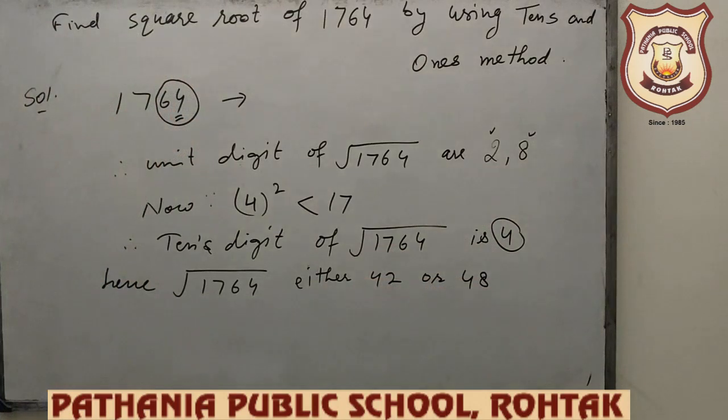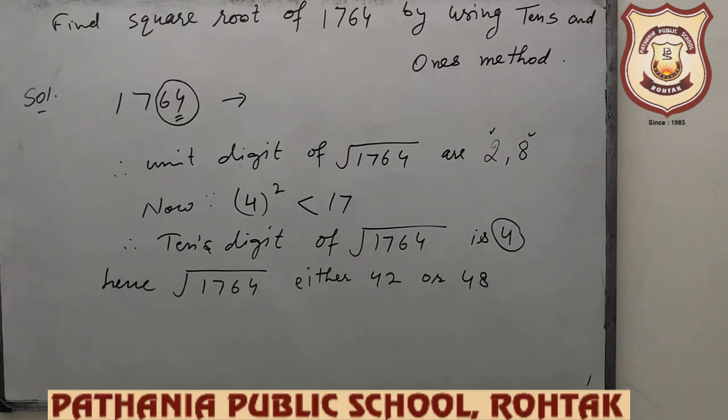Now we have to select which one is the answer. How can you find it? Check what is 42 square and what is 48 square. Multiply 42 by 42. What will we get?